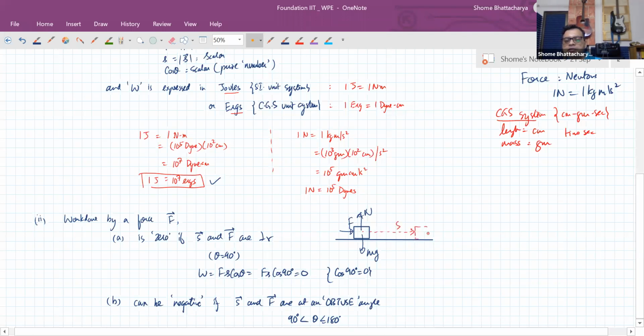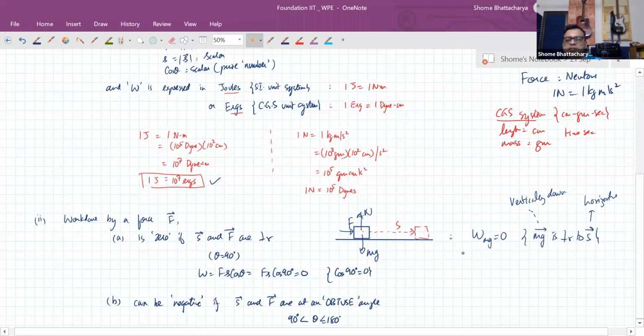In this example, the work done by mg will be 0, because the gravitational force is vertically downwards, whereas the displacement is horizontal.